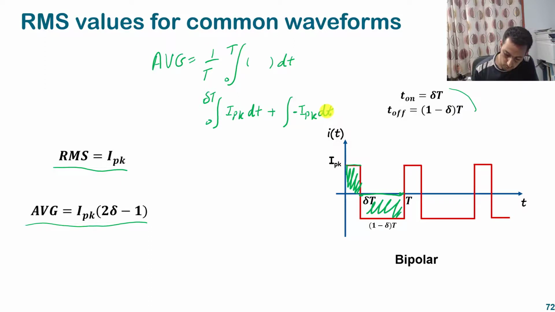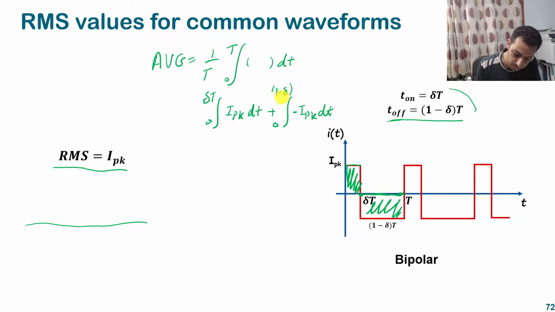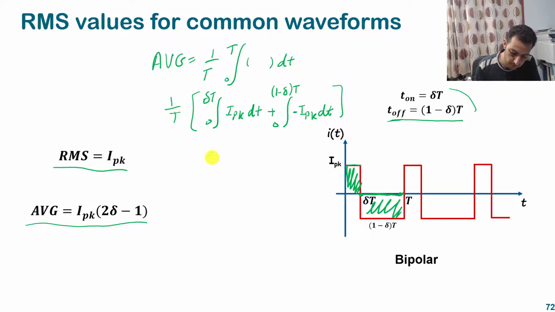That point to that point is the duration called T off, which is 1 minus delta T, from 0 to 1 minus delta T, right? So here we have the average, and if you just do this, I will leave it to you, you should finally come up with the value like that.